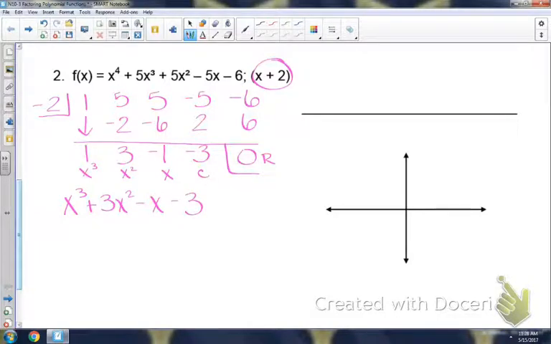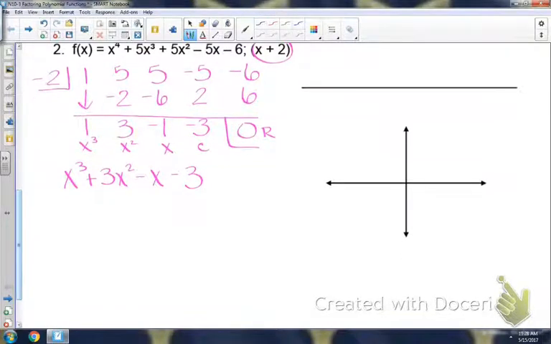So once we divide, we are factoring. Notice here we have 4 terms. We learned when we have 4 terms, we factor by grouping. So I'm grouping these first 2 together. You're finding the GCF, which is x squared. You're left with x plus 3.